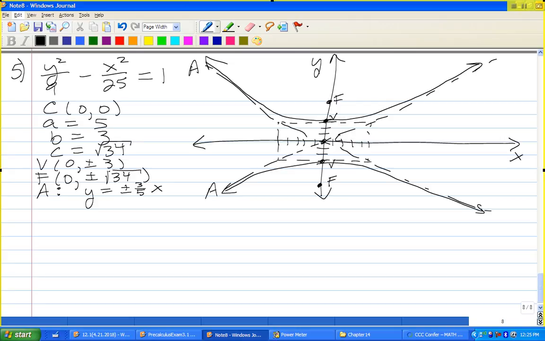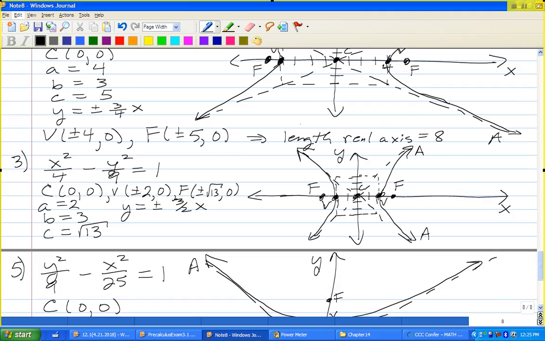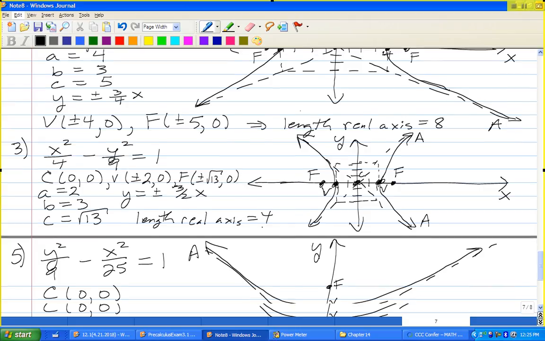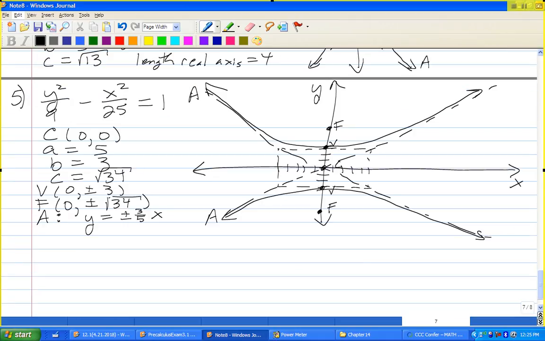Oh, I forgot the length of the real axis. And I forgot the length of the real axis here too. So the length of the real axis is going to be 4. The length of the real axis, two times 3, 6.